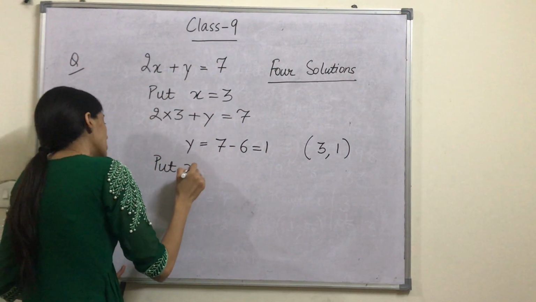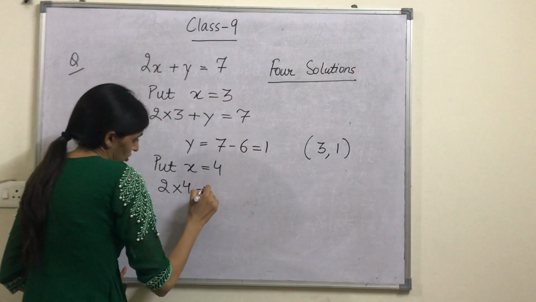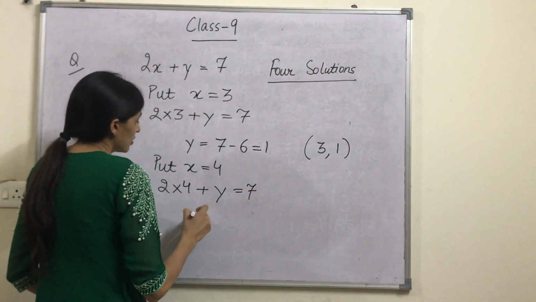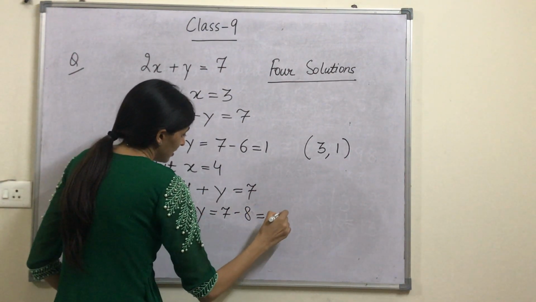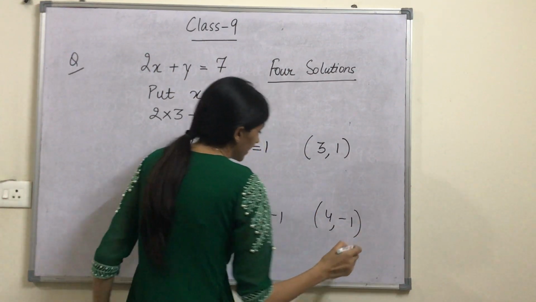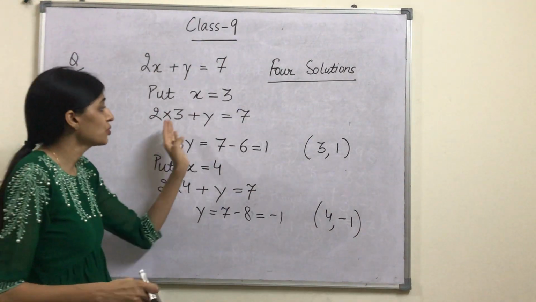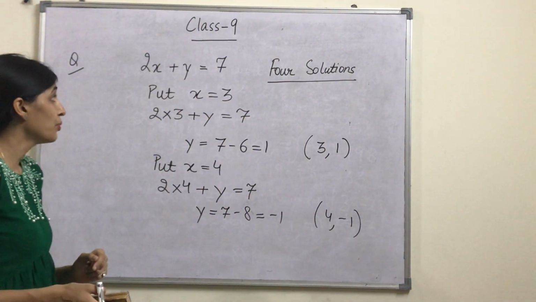Put x equals to 4. 2 into 4 plus y is 7. 2 4s are 8. 7 minus 8, minus 1. (4, minus 1) is another solution. Right? So in this way you can find different solutions to the given equation.